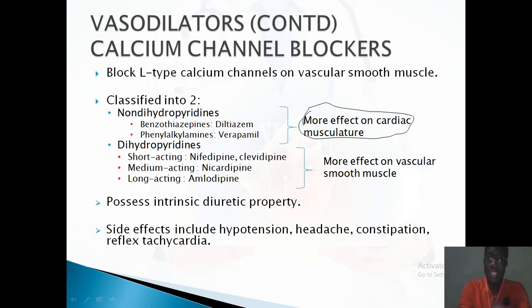Example is labetalol. Example is loop diuretics like furosemide. Example is clevidipine. You should know that calcium channel blockers possess intrinsic diuretic property. So most times they don't need to be used in combination with diuretics. Side effects include hypotension, headache, constipation, reflex tachycardia.